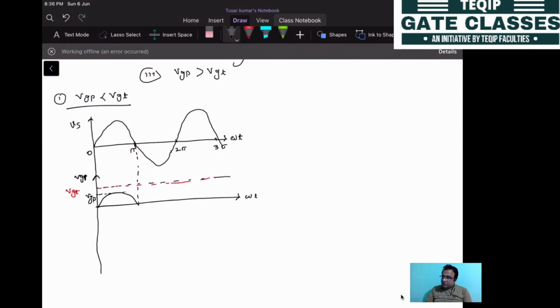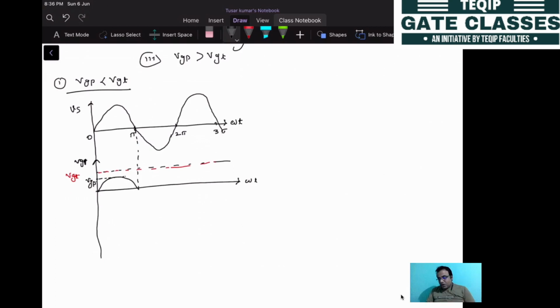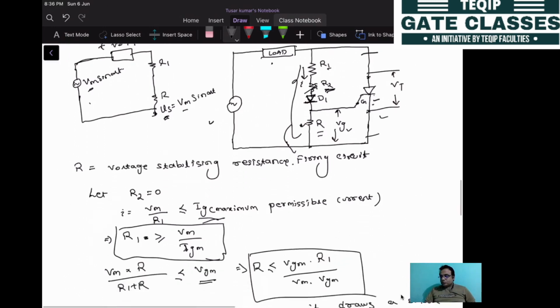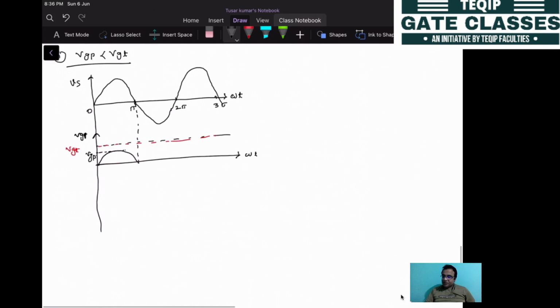Since it has not reached the threshold value, the gate signal will not be able to switch on the device. As the device is not switched on, no current will be flowing through this path. This will not conduct, because the gate voltage that is applied is not sufficient to trigger the device. In this case you have to vary R2 to get the output voltage, but as the device is not getting switched on, V0 will be 0.